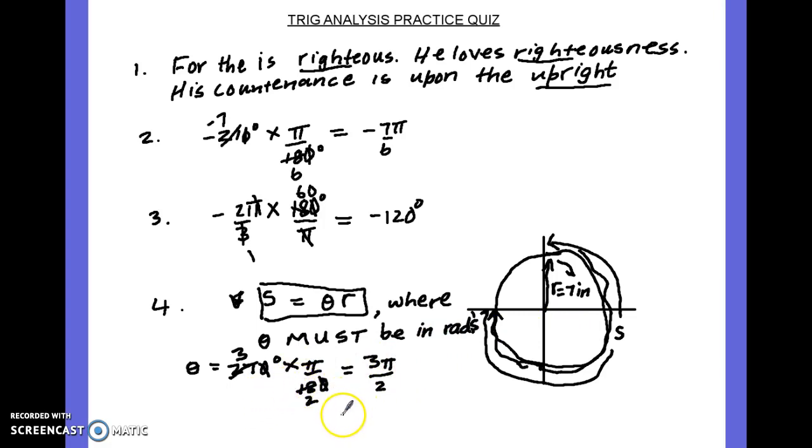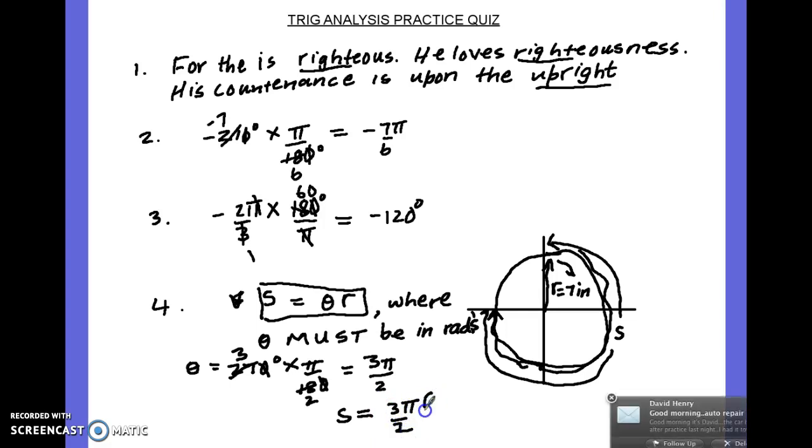And now S, the circumferential distance, or the distance on the circumference of the circle traveled, is equal to theta, which is 3 pi over 2, times R. R is 7 inches, and we can work that out.